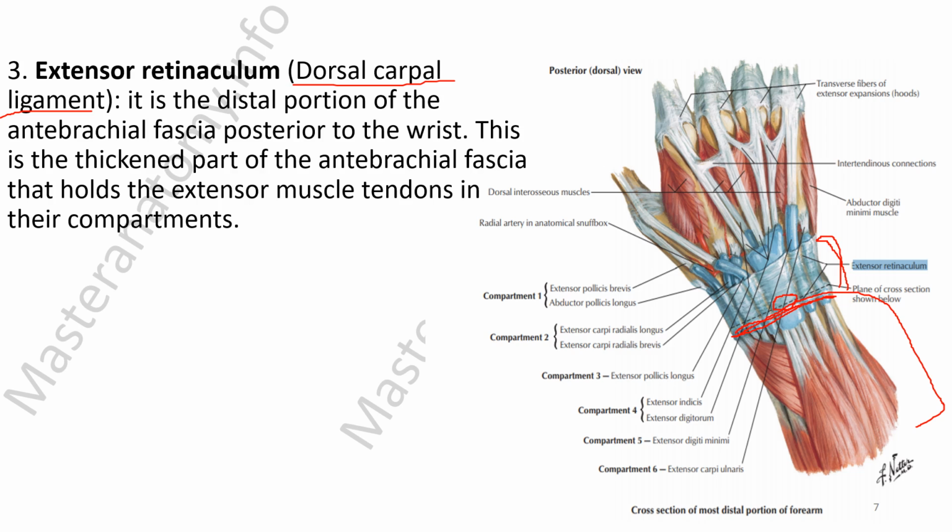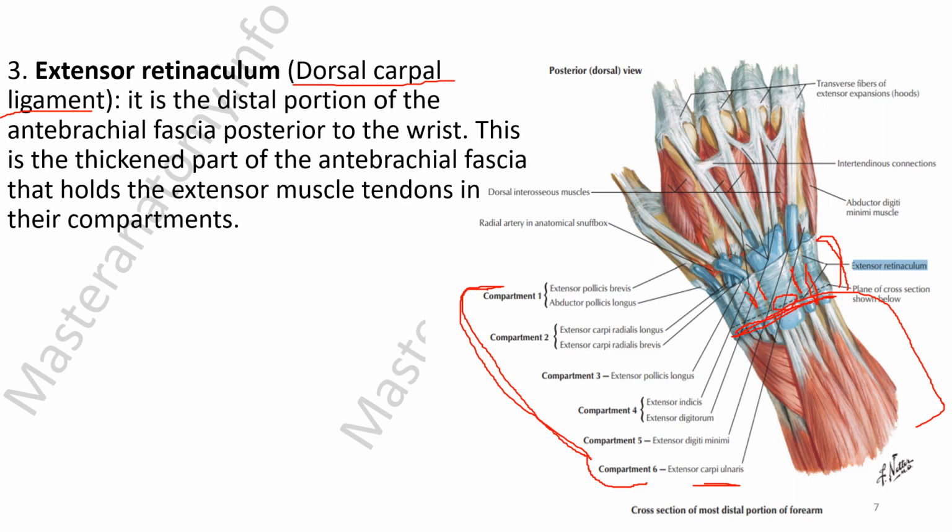Now, by attaching at different regions to the distal ends of the radial and ulnar bones, the extensor retinaculum forms 6 compartments, and it binds the tendons of the extensor muscles in these 6 compartments.